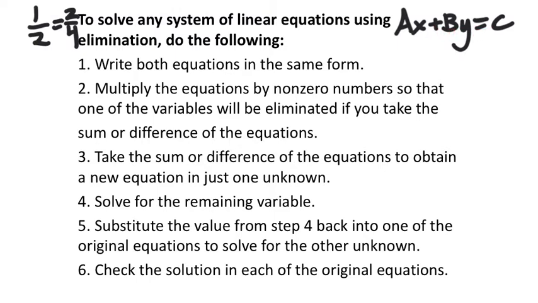And then what we got to do is multiply the equation by non-zero numbers. The idea with this second step here is to force one set of coefficients to be opposites, okay? Now remember, the coefficients are the numbers being multiplied by the letters. And it doesn't matter if you're doing this with the x's or the y's. You just need to force those two coefficients to be opposites.